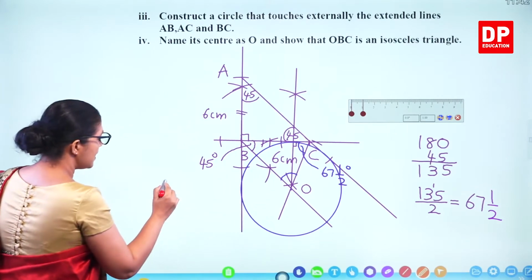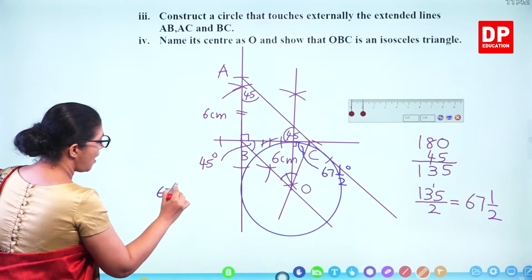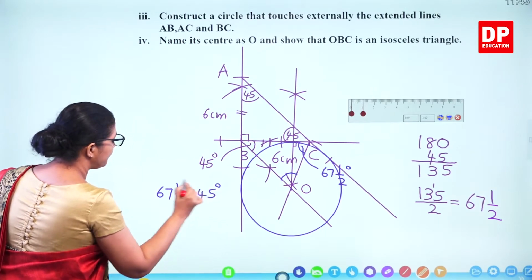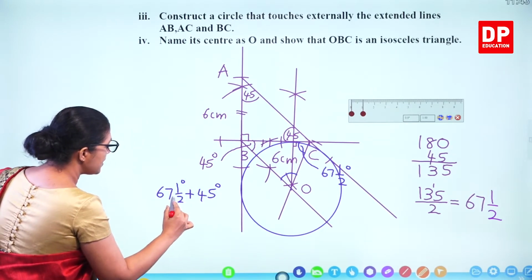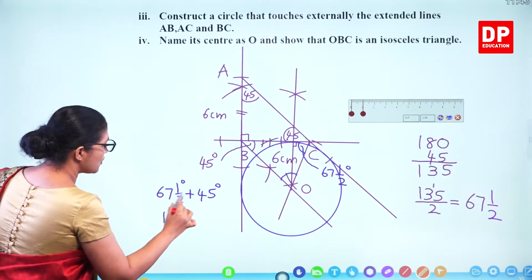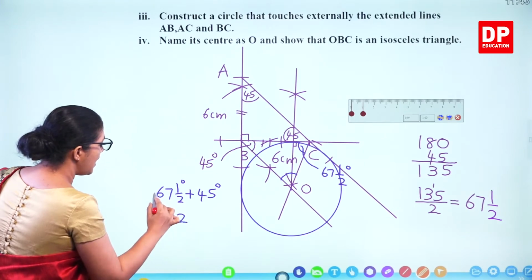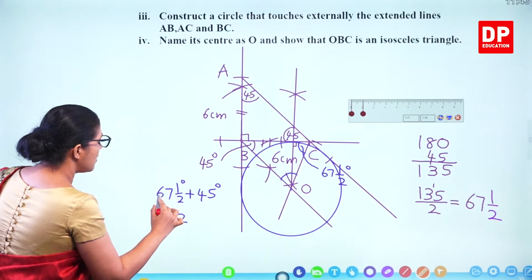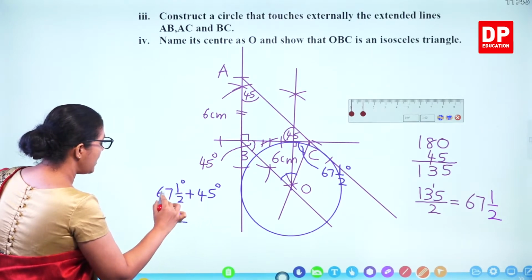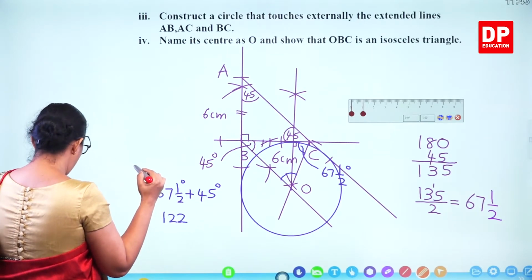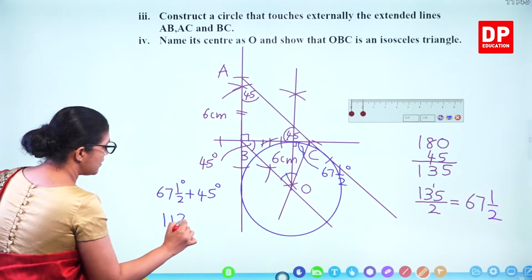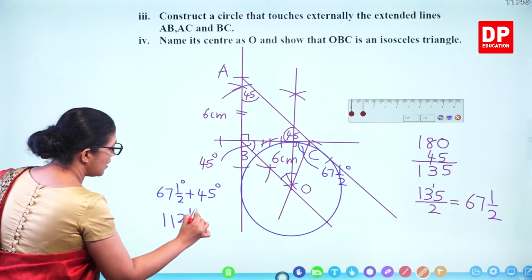So we'll add it, 67 and a half plus 45. You get, so 7 plus 5, 12 and 1 remaining and 10, 11, 112. 112 degrees and a half.